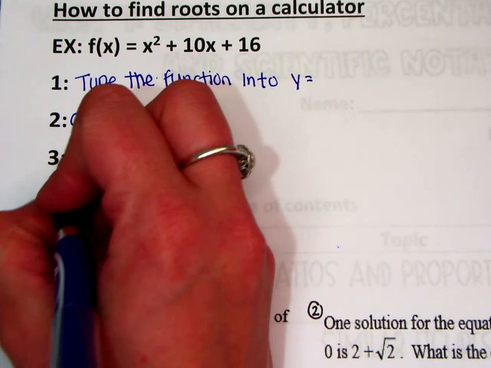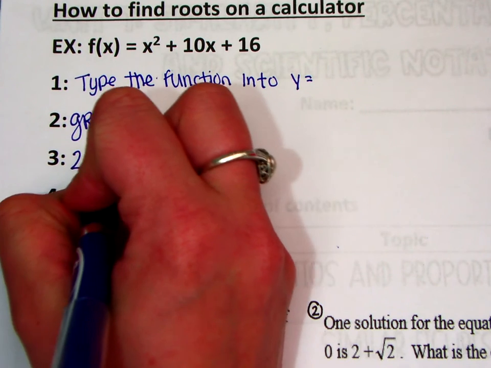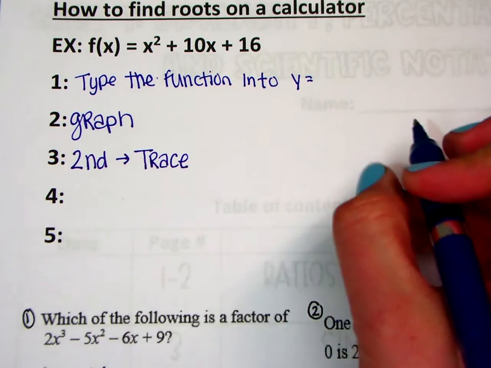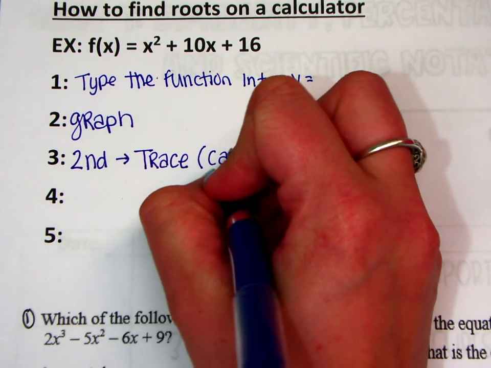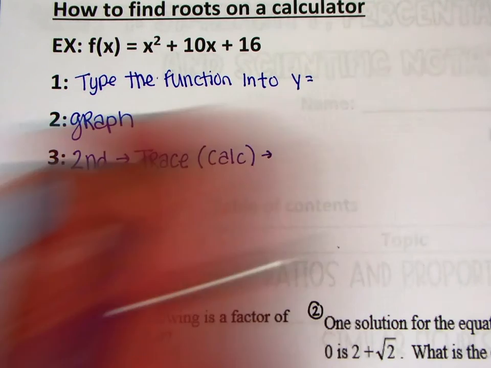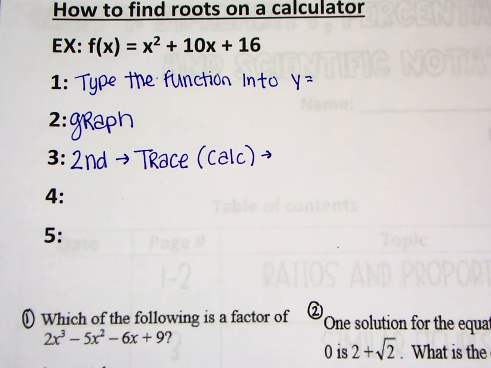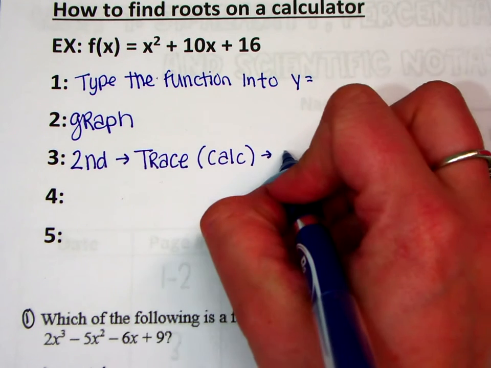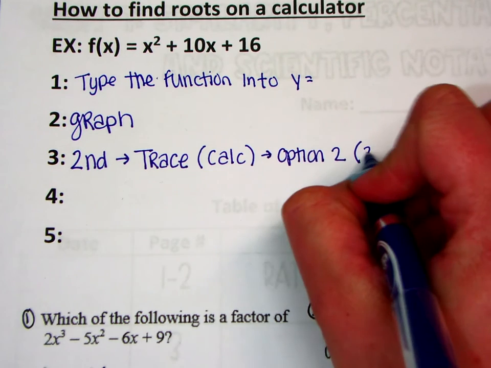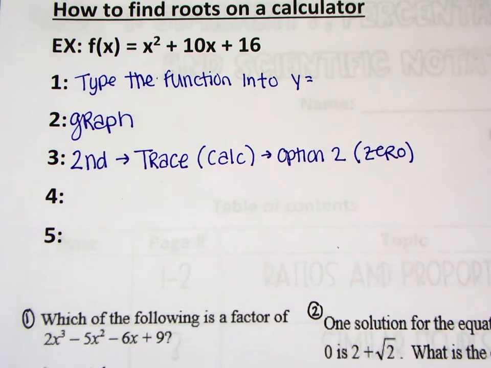So step 3 is you're going to hit second, the trace button, which is calculate basically. It says calc. You're going to select option 2. And option 2 is called 0. So we're finding the 0.